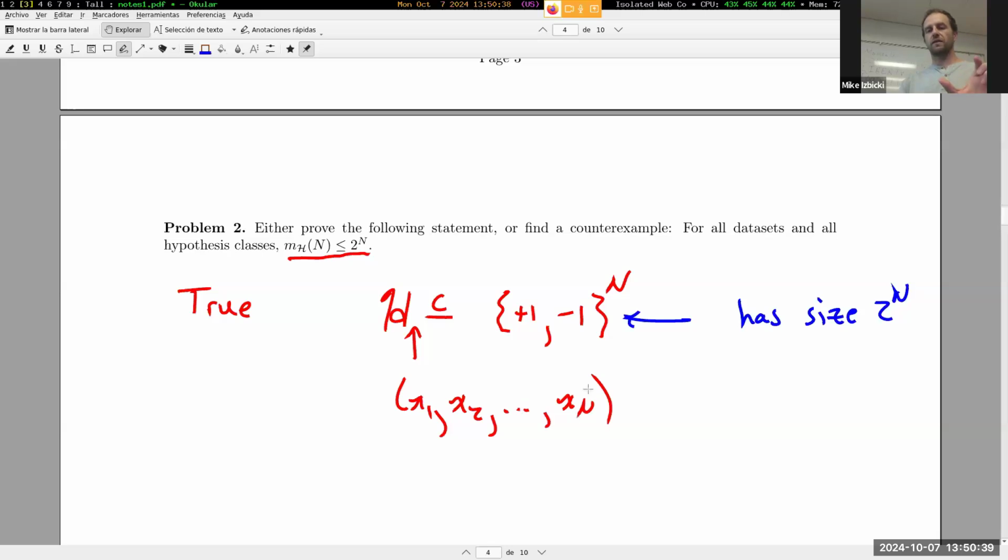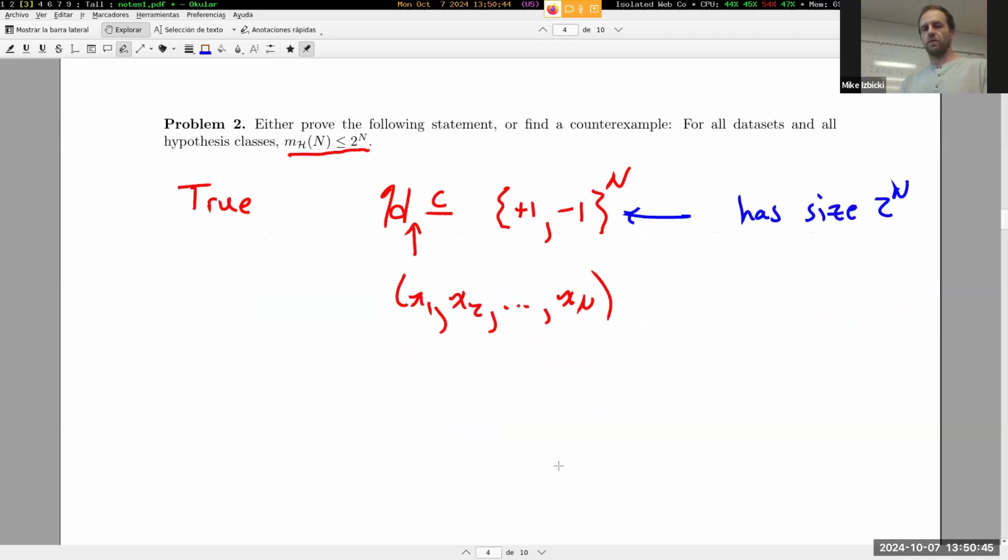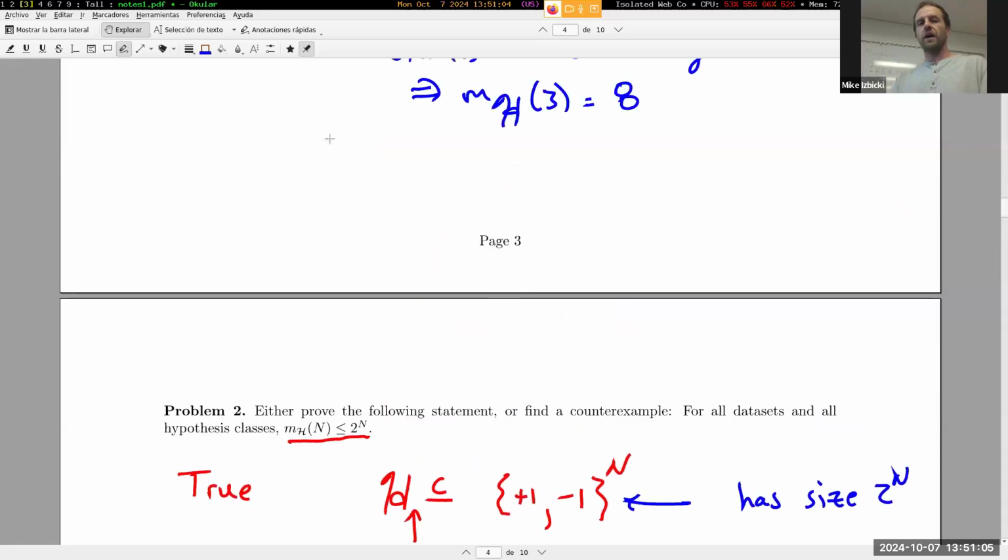So once you fix a data set, you have also fixed an n value up here. So this is an upper bound on our growth function m sub h of n, and it will be the case that it is not always equal to 2 to the n. This inequality part is important, that it is less than or equal to 2 to the n.